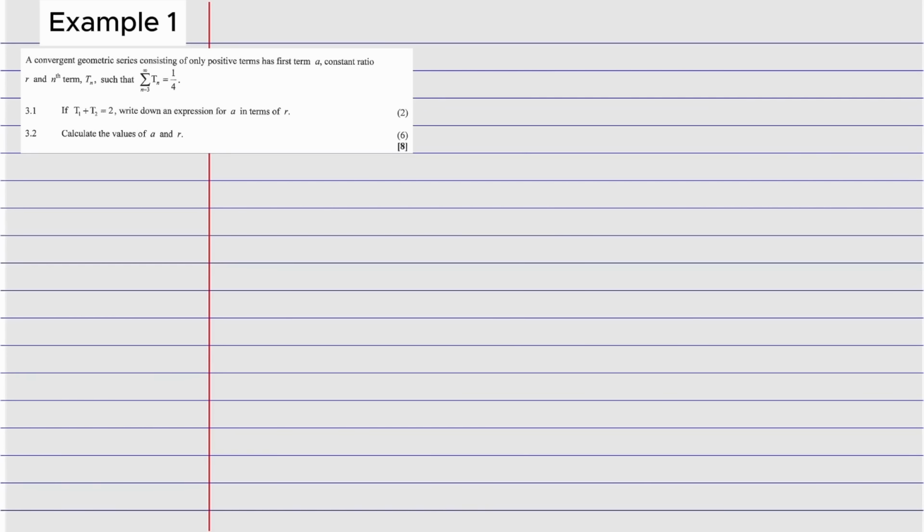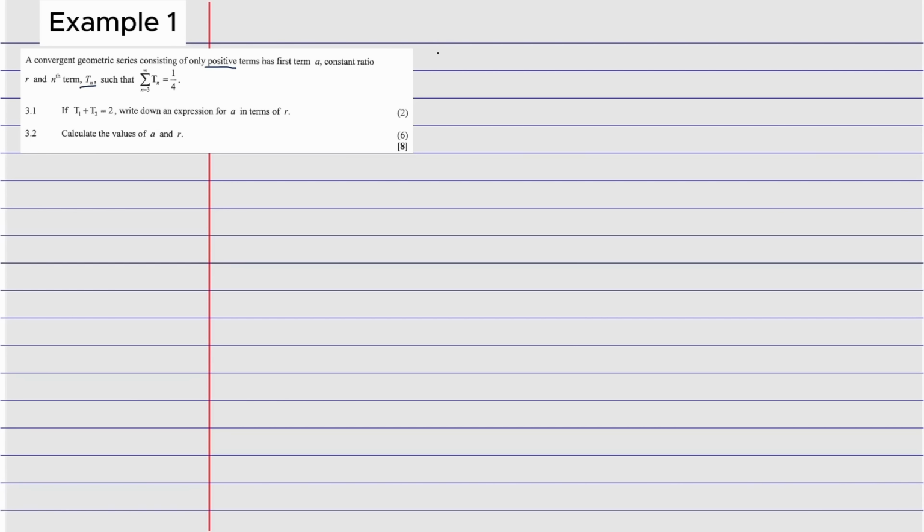It says a convergent series consisting of only positive numbers, so we know that our terms are only positive, and it has a first term of a and a constant ratio of r, and the end term is Tn, such that the sum from 3 to positive infinity of Tn is equal to 1 over 4.